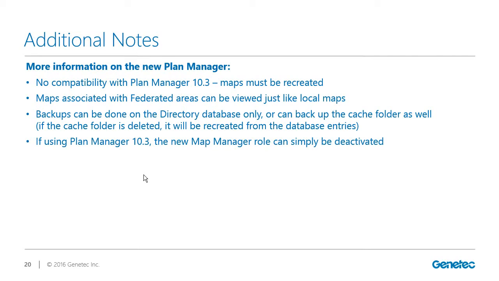If you have a very large map, that might take a little while, so that's when you might want to put something in place to actually back up your cache folder. Or if you have a failover system, make sure that cache folder is accessible from any one of your directories that you're using for the failover purposes. As I mentioned, if you're using 10.3, just deactivate the map manager role, and it won't be doing anything on your system there.